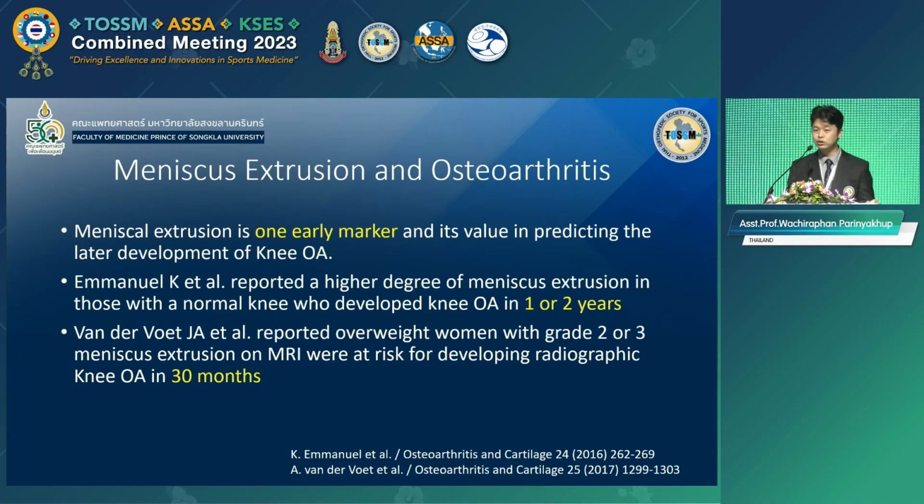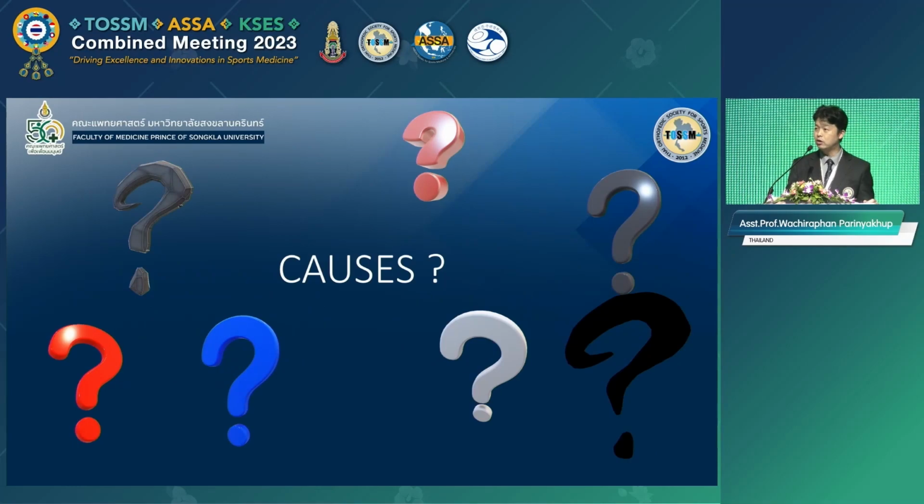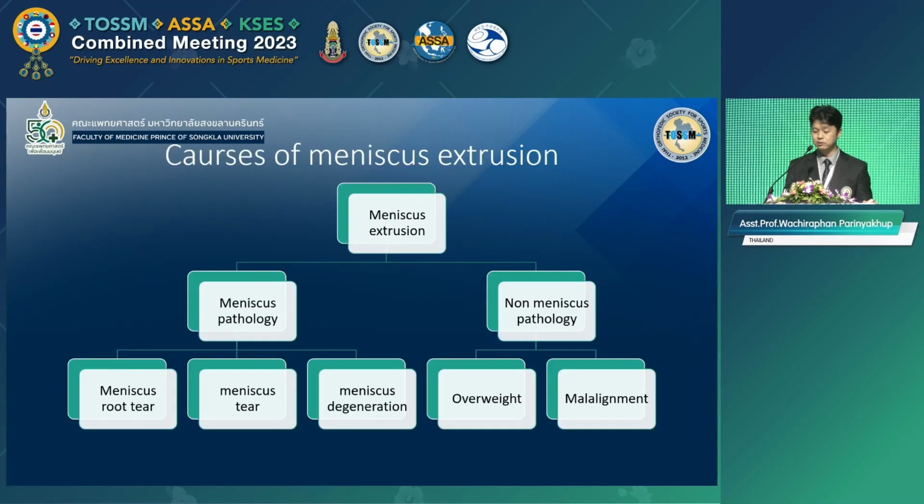Meniscal extrusion is an early marker, and its value is in predicting the development of knee osteoarthritis. Much literature shows that patients who have meniscal extrusion with a normal knee X-ray will develop knee osteoarthritis within a few years. What is the cause of meniscal extrusion?